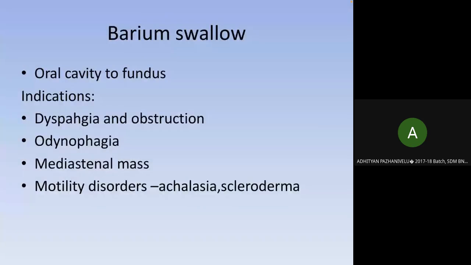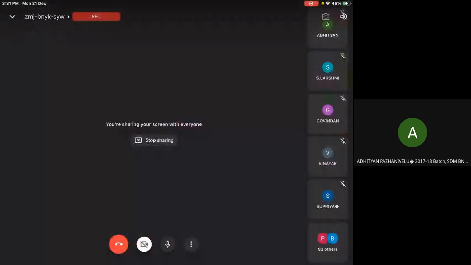Next, coming to the first thing, that is barium swallow. Here, basically, you are swallowing the barium to study most of the esophagus and the stomach, that is the upper GIT. Can you differentiate between where is the upper GIT and where is the lower GIT? There is one ligament which differentiates upper GIT and lower GIT.